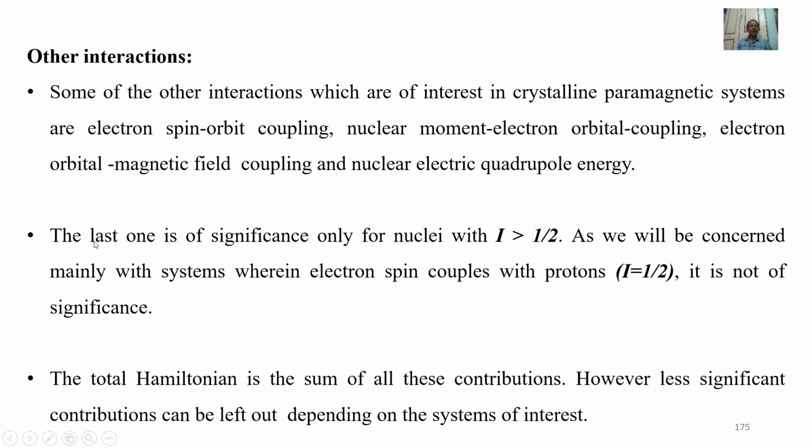The last one is of significance only for nuclei with I greater than 1 by 2, as we will be concerned mainly with systems in which the electron spin couples with protons, I equals 1 by 2. It is not of that much significance. Hence, the total Hamiltonian is the sum of all these contributions. However, less significant contributions can be left out depending on the systems of interest.